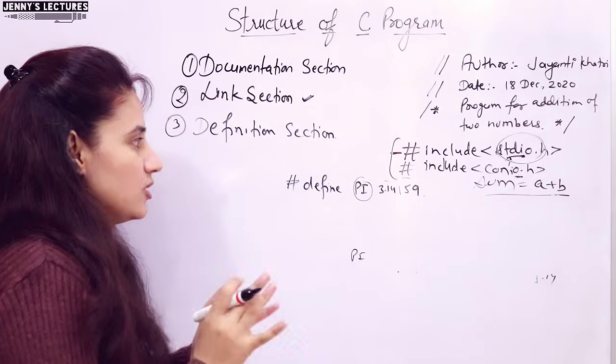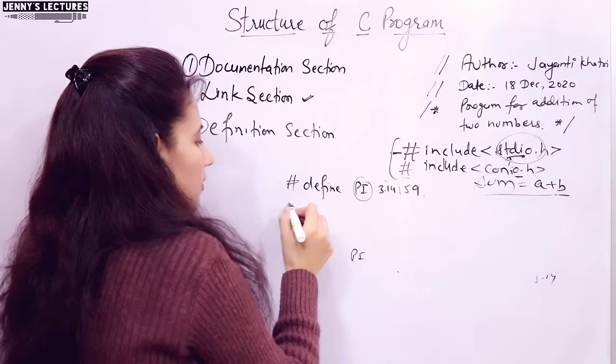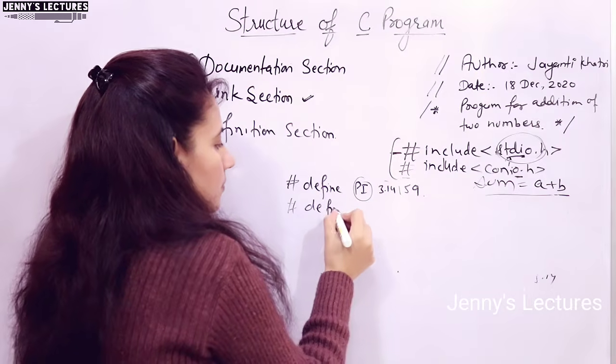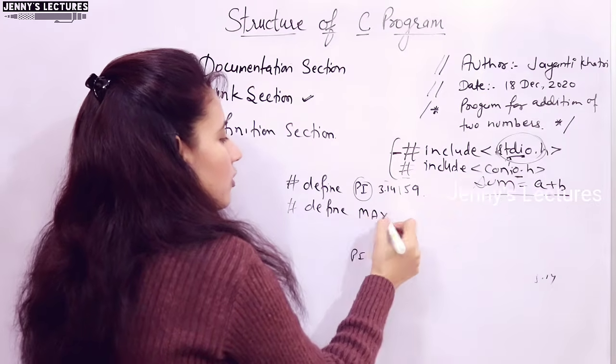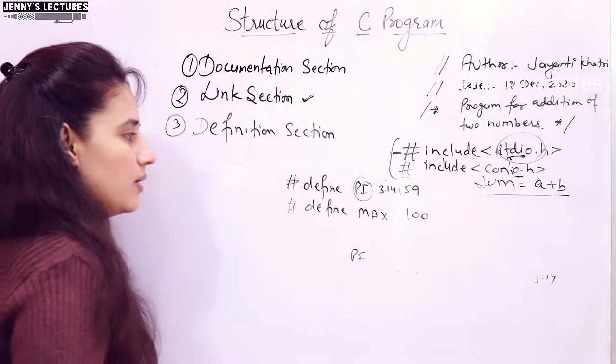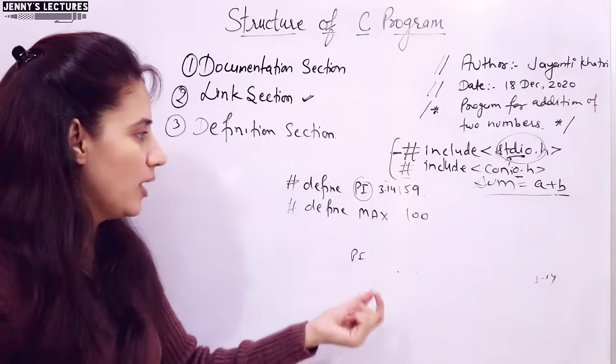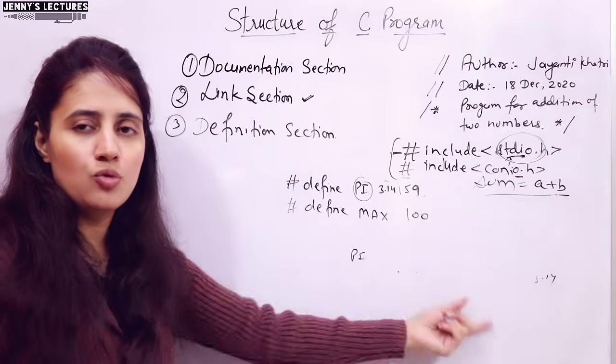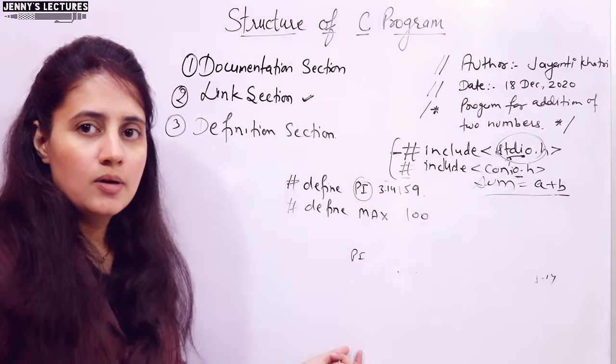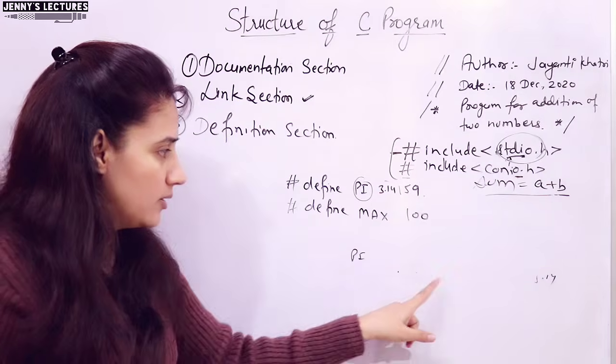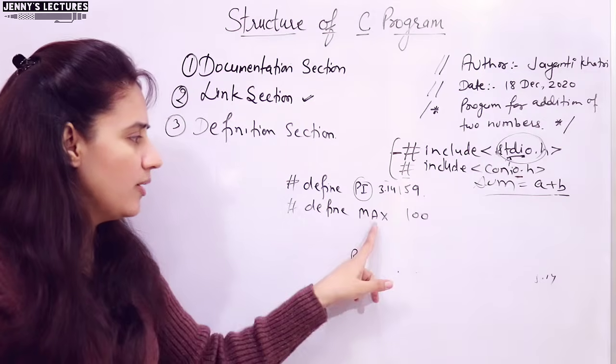Let us take one more example. I am writing here hash define, suppose, a max value or min value. Max is 100, and I am using max in a program suppose 10 times or 15 times or 20 times. So rather than writing 100, 100, 100 ten times, you can write this.